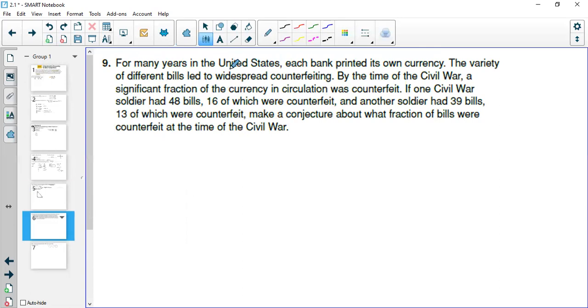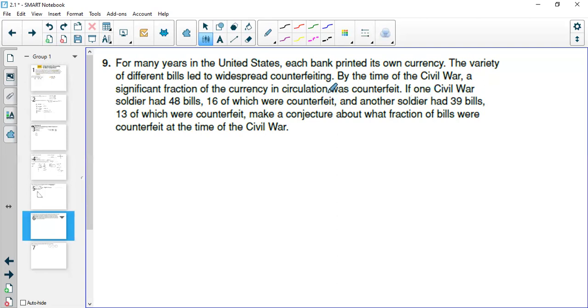Now, for many years in the United States, each bank printed its own currency. The variety of different bills led to widespread counterfeiting. By the time of the Civil War, a significant fraction of the currency in circulation was counterfeit.